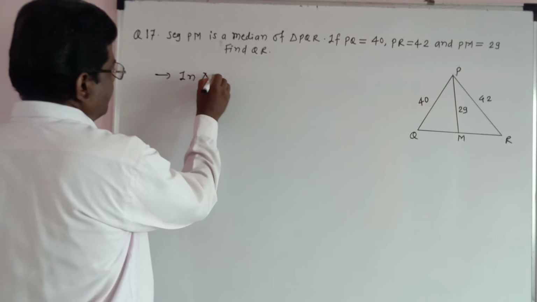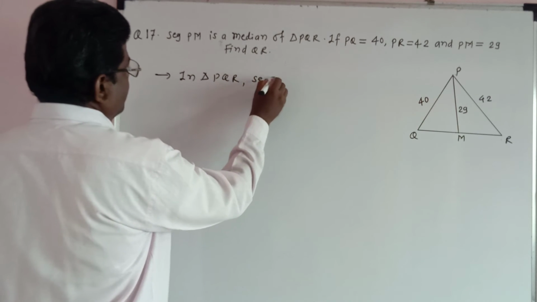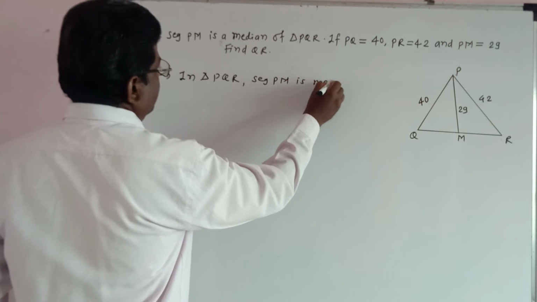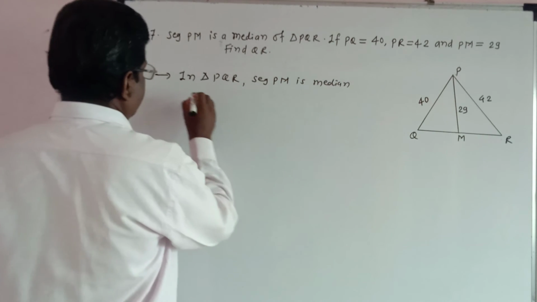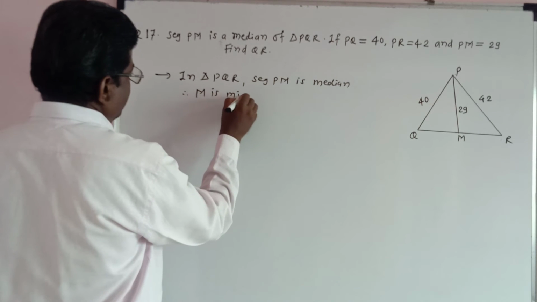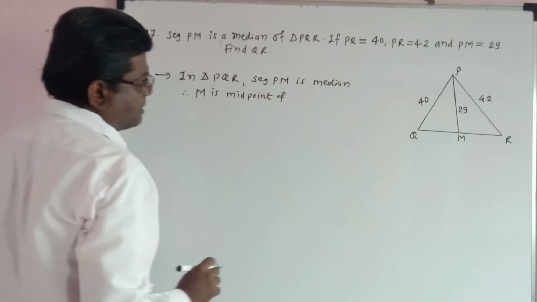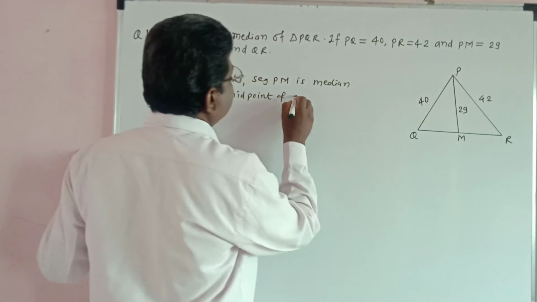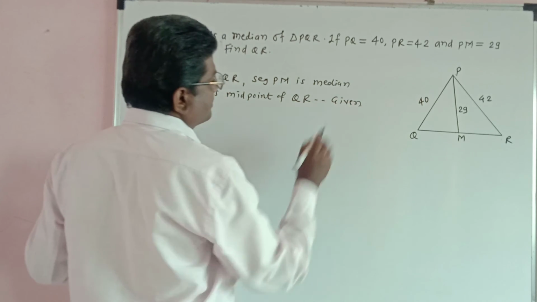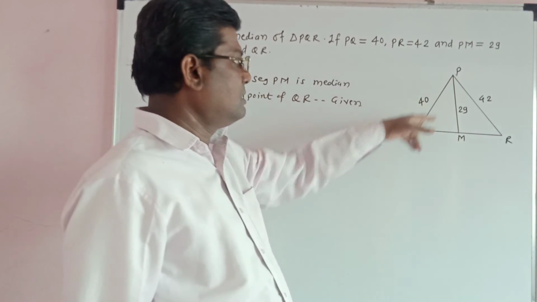In triangle PQR, segment PM is a median. Therefore M is the midpoint of QR. This is given. So we can apply Apollonius theorem for this triangle.